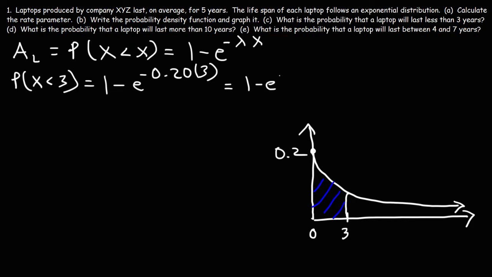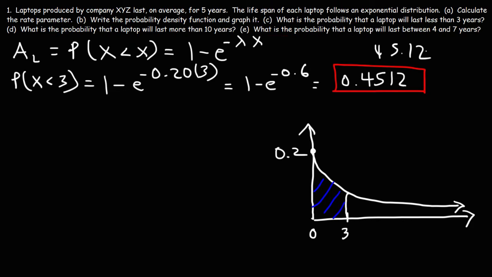So that's 1 minus e raised to the negative 0.6. Go ahead and type that in. And so you should get 0.4512 for the answer. So there's a 45.12% chance that the laptop will last less than 3 years.